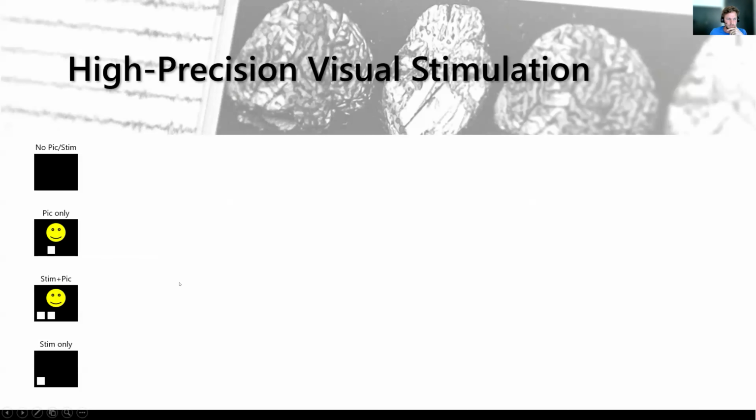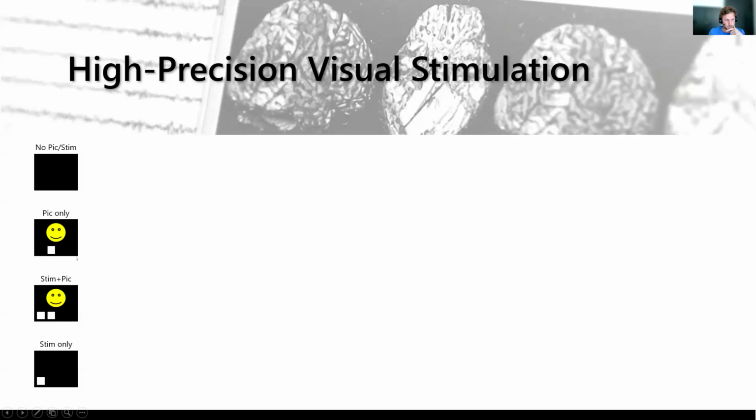So we have 4 conditions. One condition is that there is no visual stimulus, no picture shown, and no electrical stimulation. One condition is that there is a picture shown, so visual presentation. One condition is we have a picture and electrical stimulation. And the fourth condition is that we have only electrical stimulation.